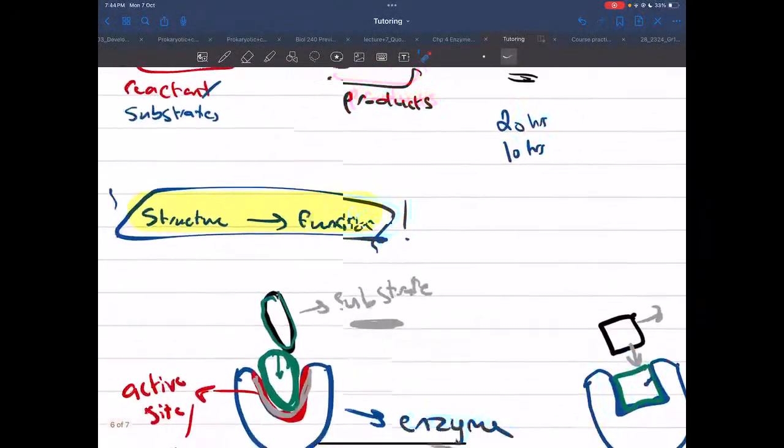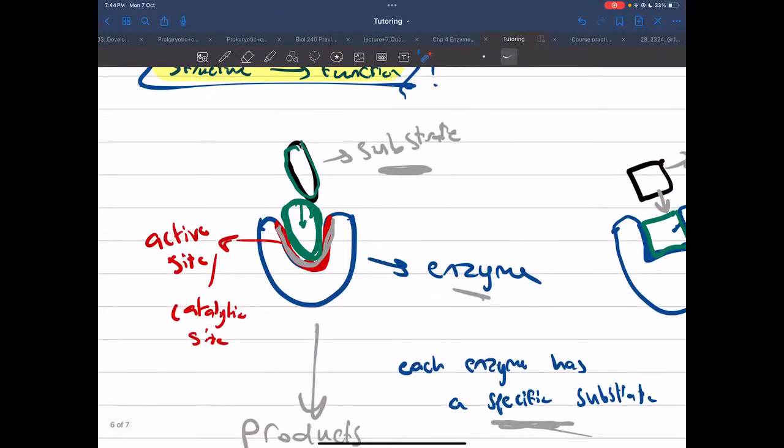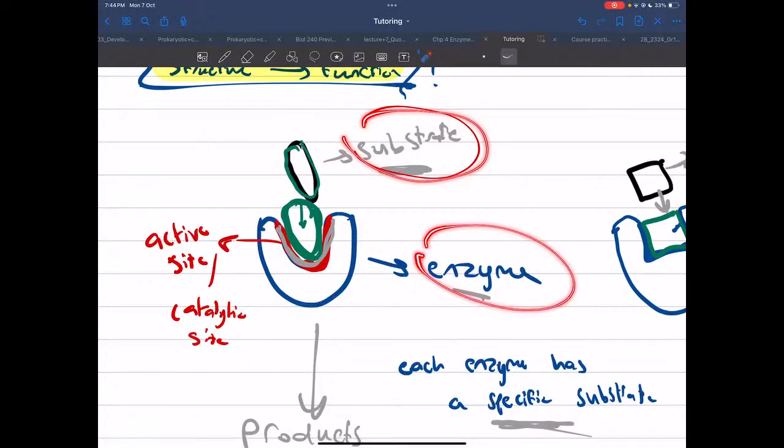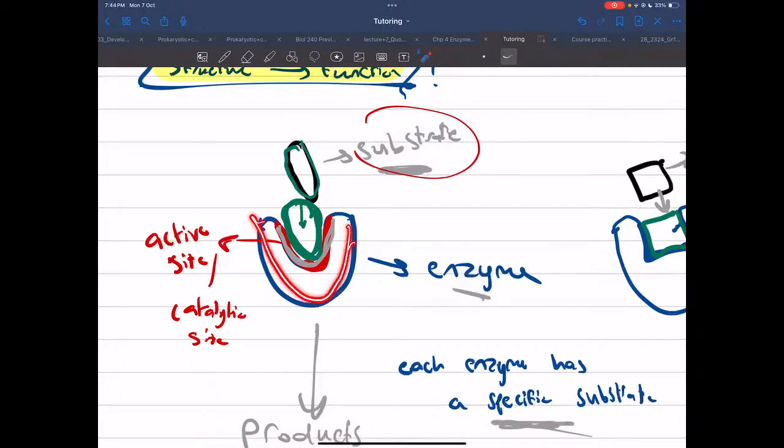Like I explained here. You have the substrate, and you have the enzyme, and you have the active site of the enzyme, which consists of the catalytic site plus the binding site. Now this substrate will fit in like a key. This is the lock, the enzyme is the lock, the substrate is the key.